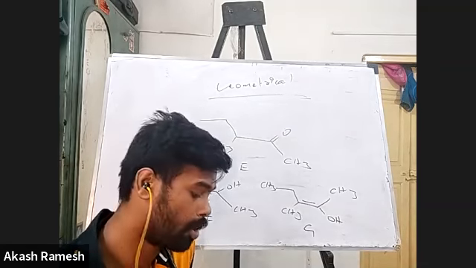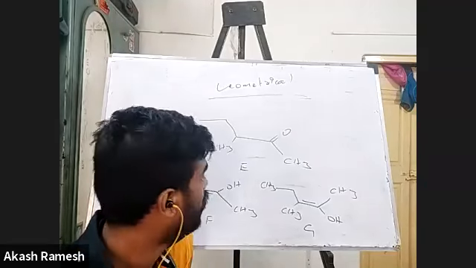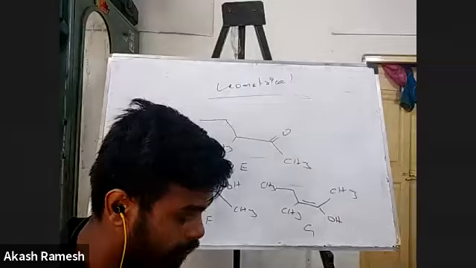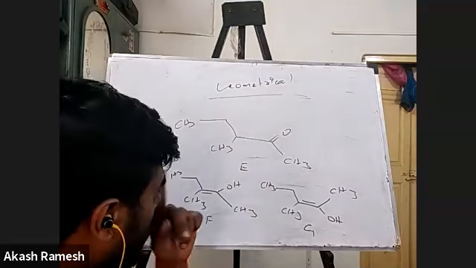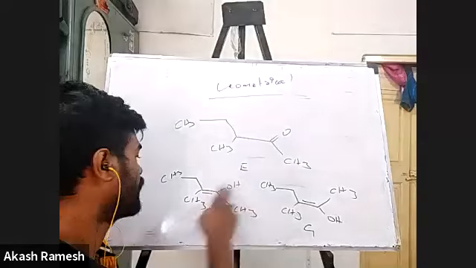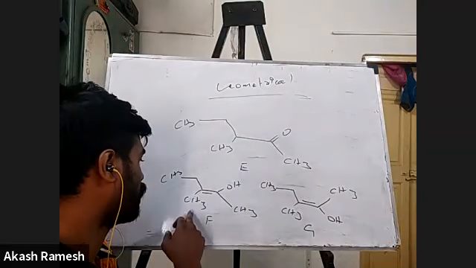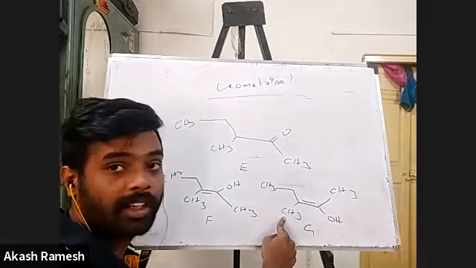Sir, can there be more than one option? C and D. Yeah, tell me. C and D, okay, fine. If I'm saying F and G are geometrical isomers, F and G are diastereomers. You can see OH and CH3 are trans to each other here, and here OH and CH3 are cis to each other.